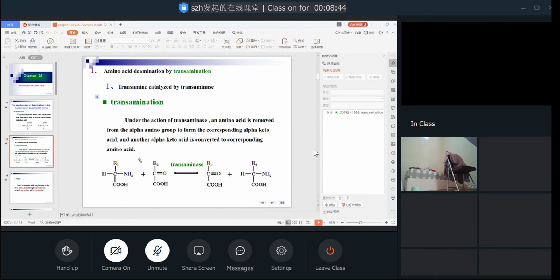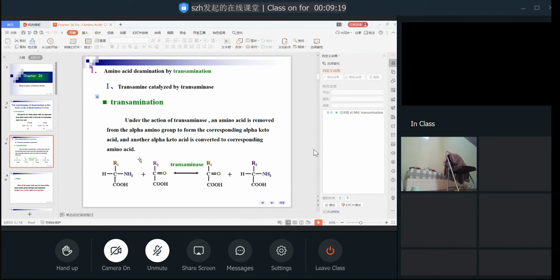The first kind is transamination. The amino group is moved from one amino acid to another molecule and produces another kind of molecule.